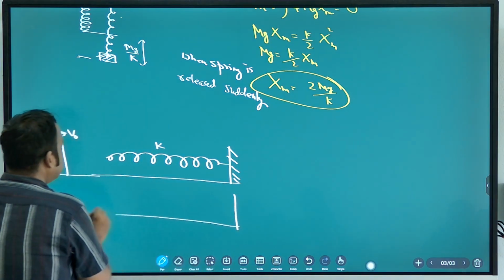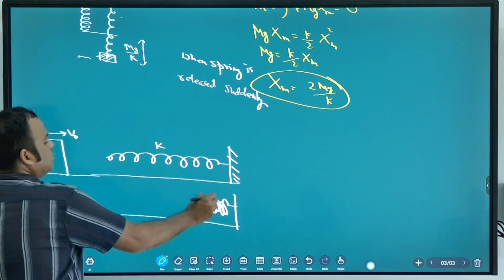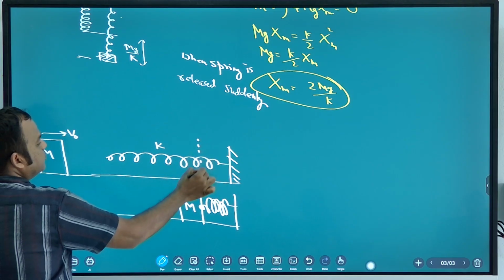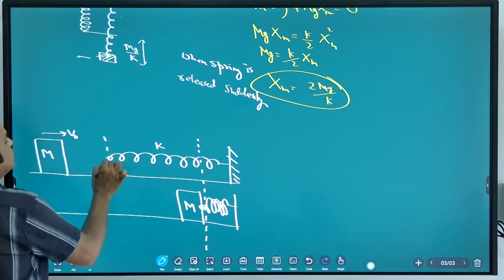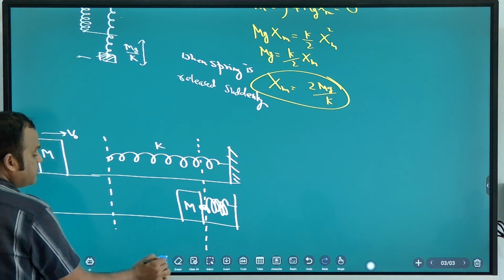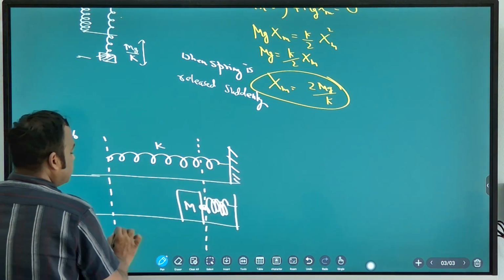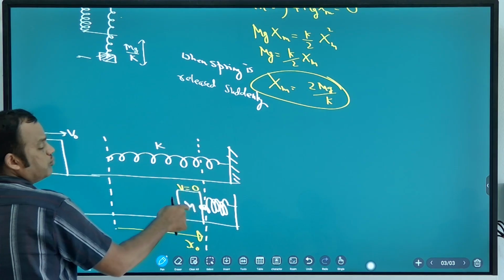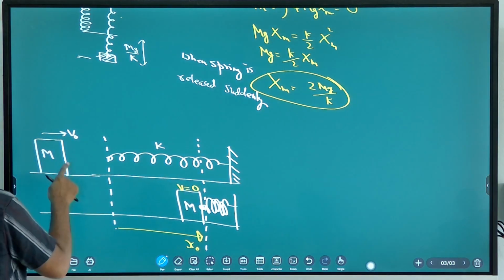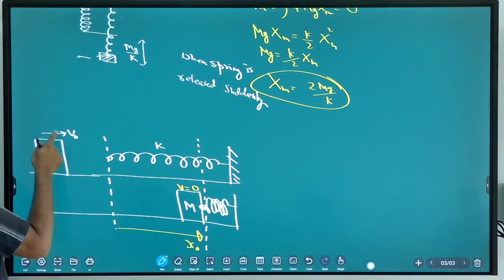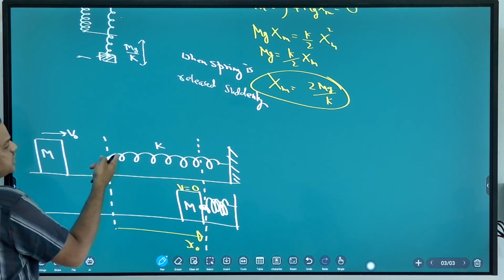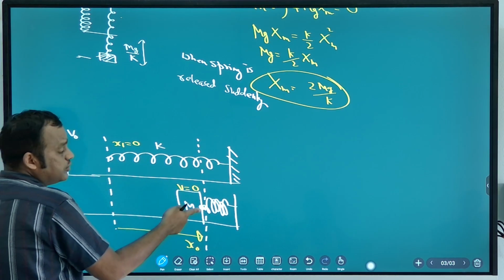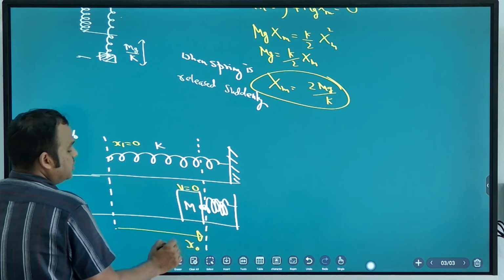When compression is maximum, suppose it is x naught, what is the velocity at that point? 0. So when block velocity is v naught, compression is 0, and when block velocity is 0, compression is x naught.